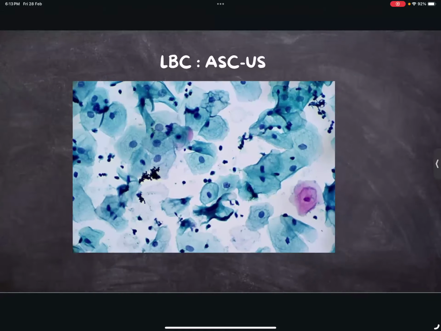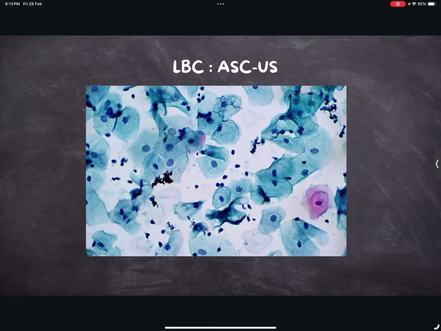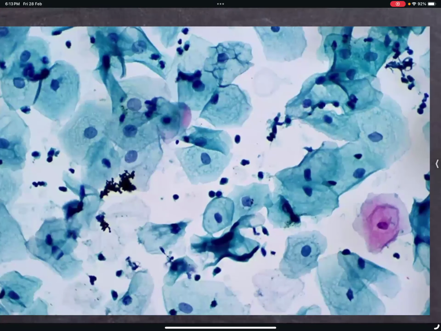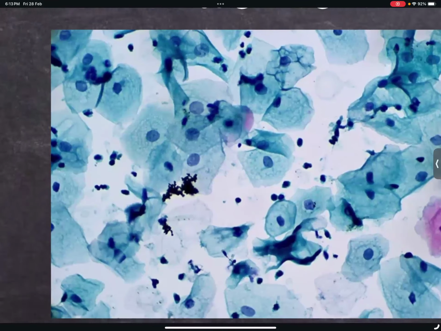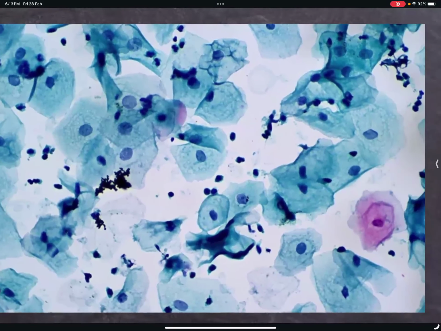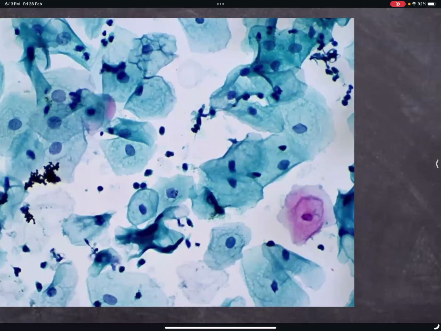This is the normal intermediate cell, and on the left side you can see a group of cells. The nuclear size is enlarged, but there is no nuclear abnormality, there is no nuclear pleomorphism, and there is no hyperchromasia. So this case we write as ASCUS.